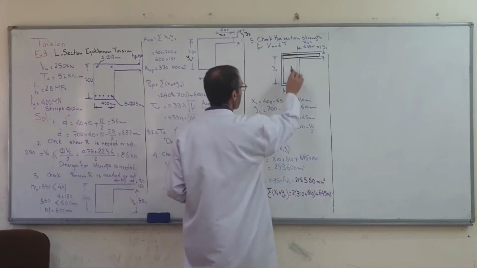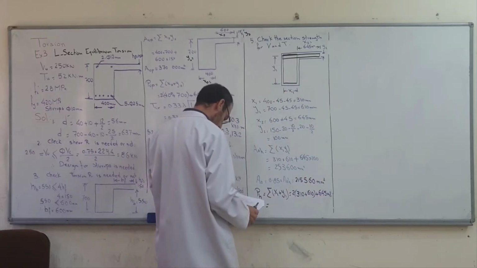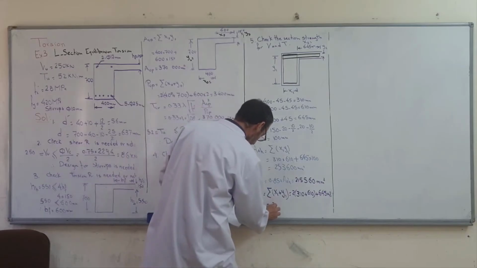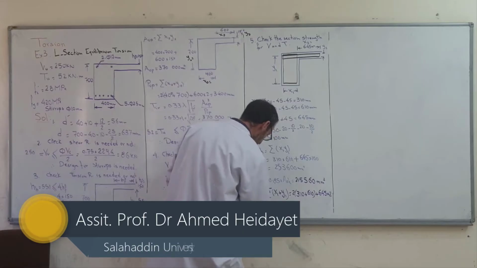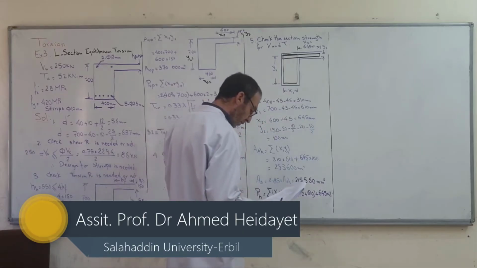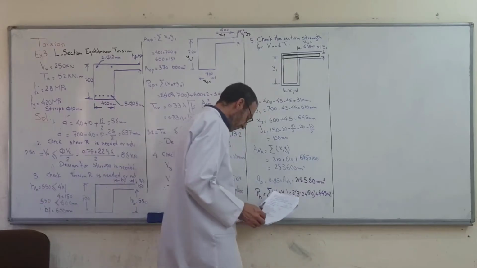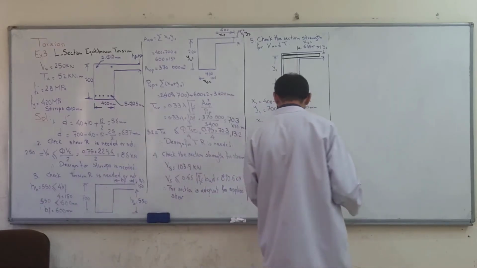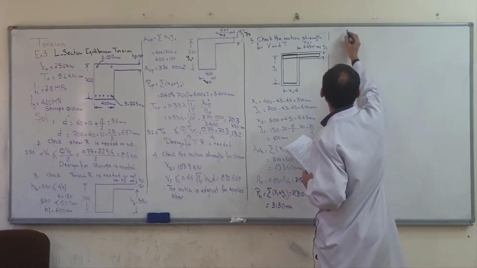You can pass through this and find the result, 3130. Clear? Now we find the parameters Ph, outermost closed stirrups, and A0, where I go to apply this equation.